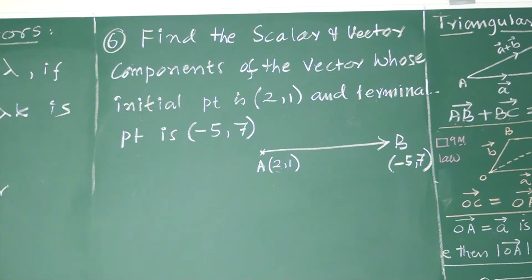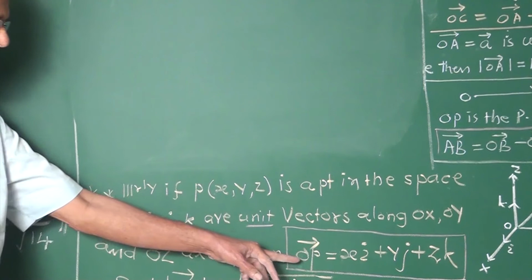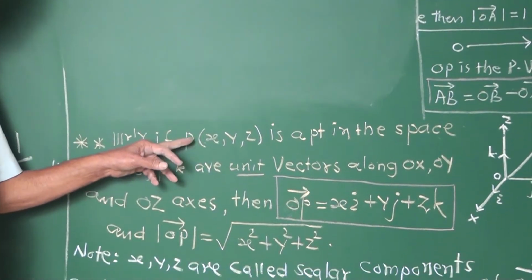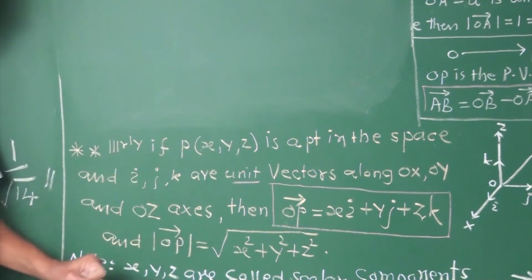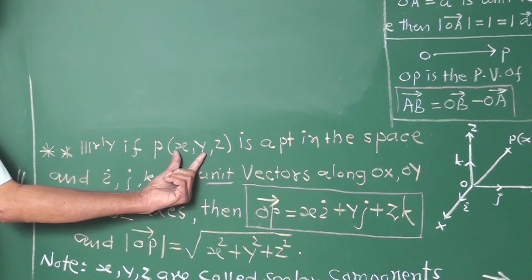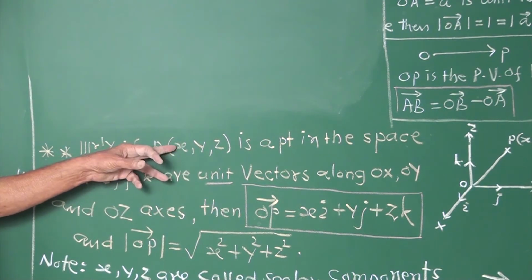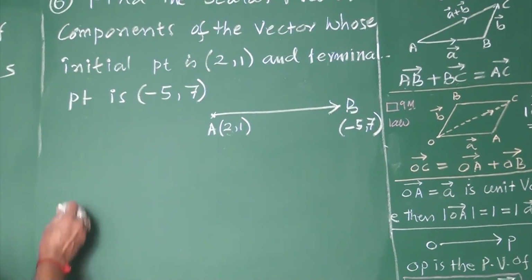Yes, my friend, you know, if P(x, y, z) is a point in space, then what is the position vector of the point? OP equals xi plus yj plus zk. This is in space. If it is two-dimensional, you have only two coordinates, x and y. Then OP is xi plus yj.